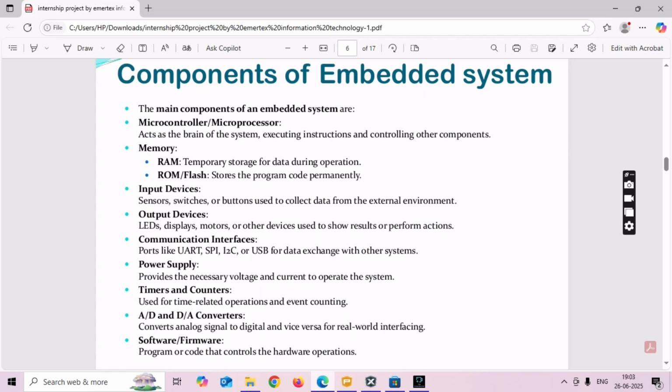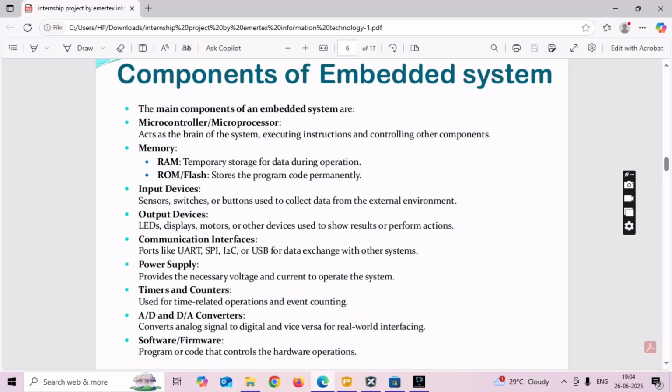Some of the ports are UART, SPI, I2C, or USB for data exchange with other systems. Then power supply. It is a very important component of the embedded system because without power supply nothing can happen or proceed further. The power supply provides the necessary voltage and current to operate the system.